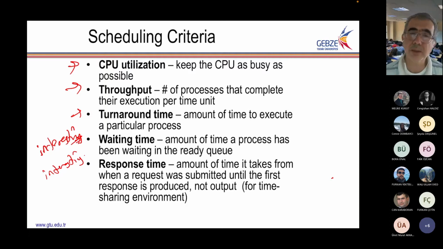Even you can call some tea for him or her. So giving some tea or coffee to the customer is another nice example of giving some response to the process, to the waiting process.